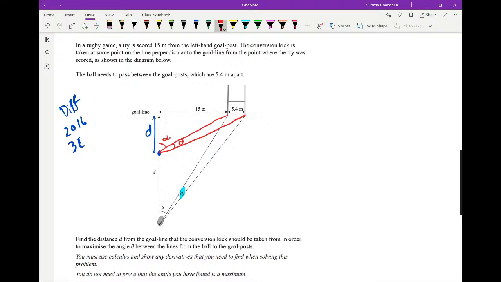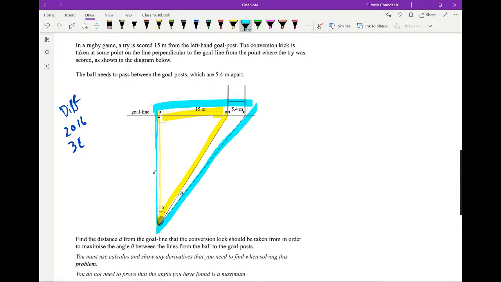And then that's alpha. So what we're going to do is we're going to separate this into two triangles. So I'm going to get rid of all these things. So the first triangle I'm going to be looking at is this yellow one here. Then I'm going to look at the second triangle, which is the blue one.